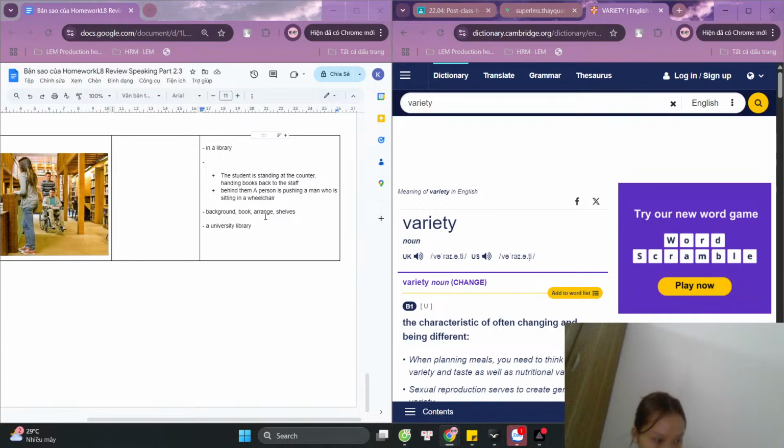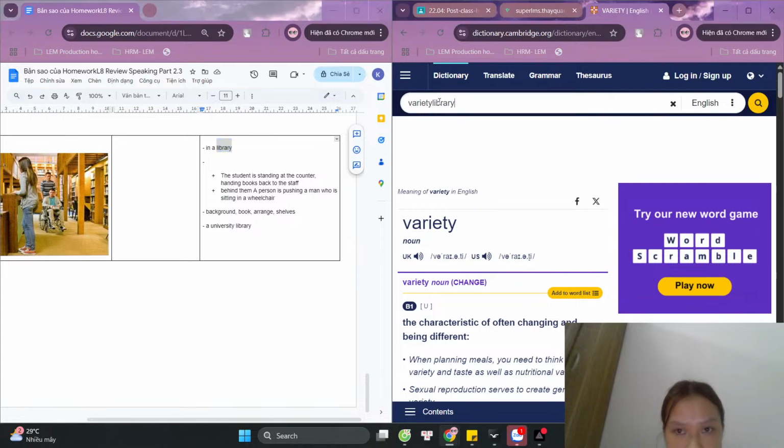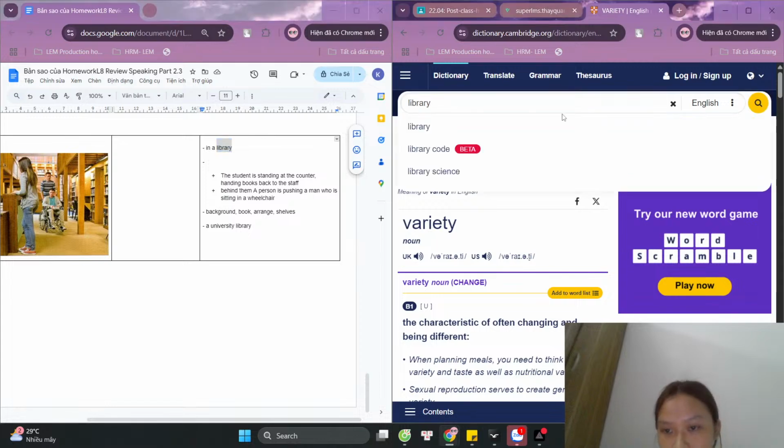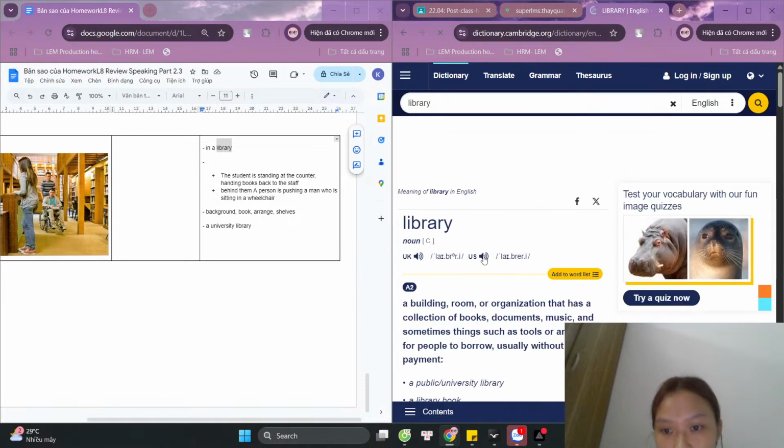Wheelchair. Wheelchair. Wheelchair. Wheelchair. Wheelchair. Libraries. Servants. Library. Library.